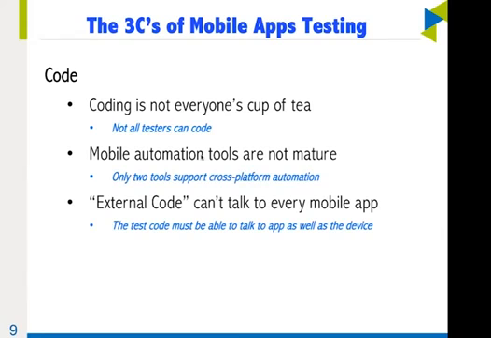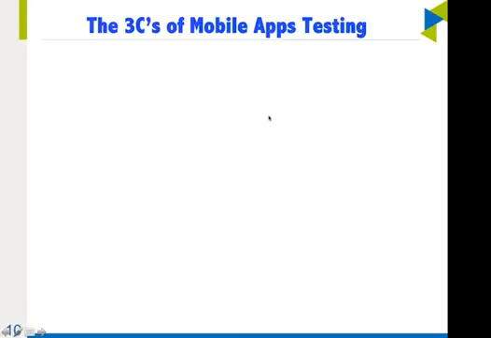By external code I mean the test code. Sometimes we are not able to talk to the device, and the automation feasibility of a lot of features fails, and that's where our percentage of automation goes down. So this again is one of the problems.